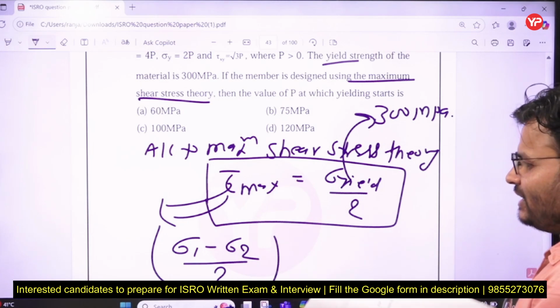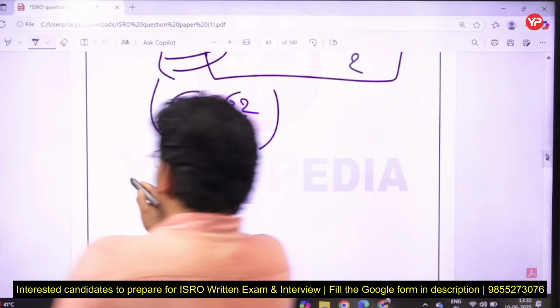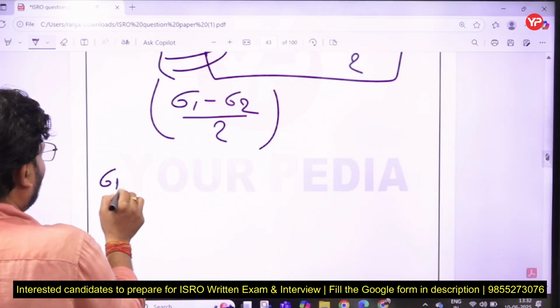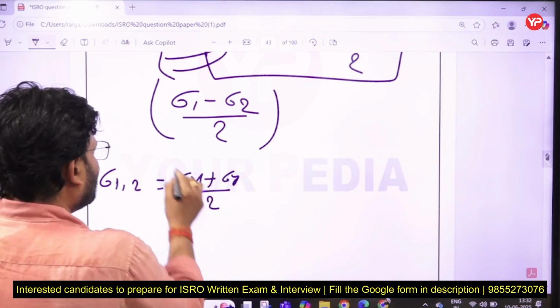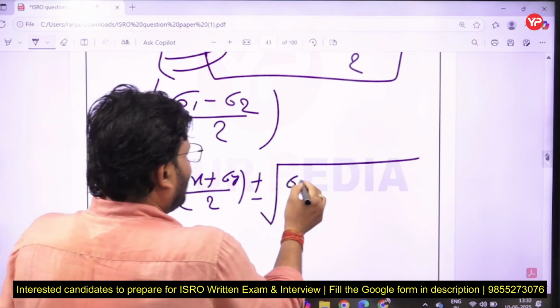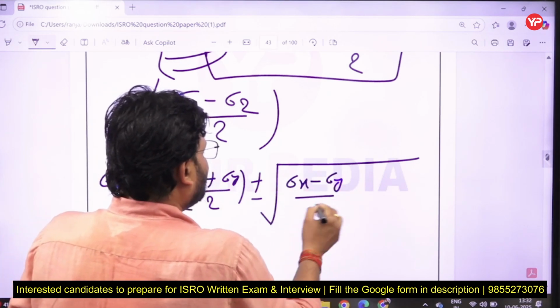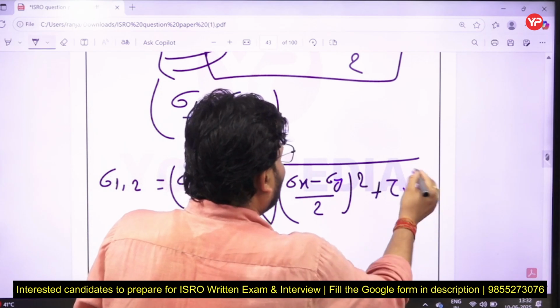Anyone remember the sigma 1, sigma 2 formula? Principal stress. Sigma 1 or 2 is given by sigma x plus sigma y by 2 plus minus root under sigma x minus sigma y by 2 whole square plus tau xy square, right?